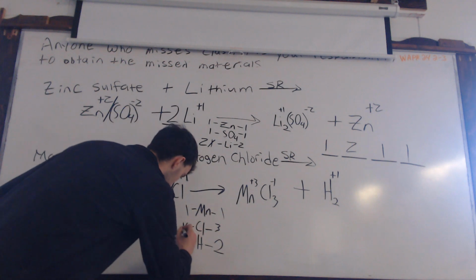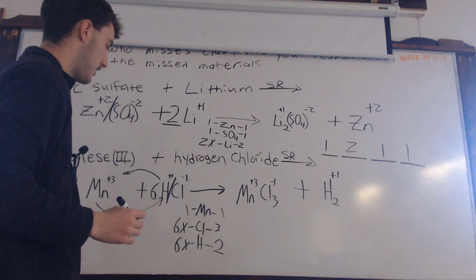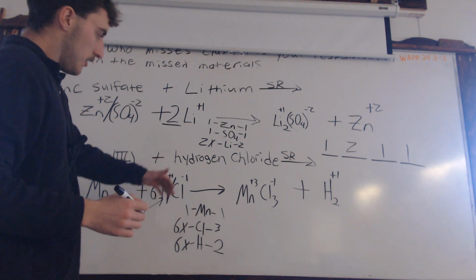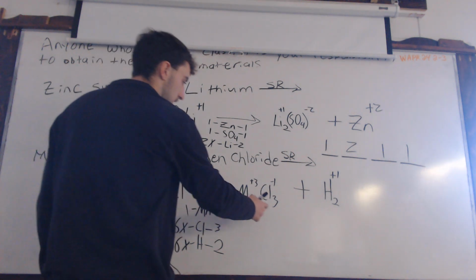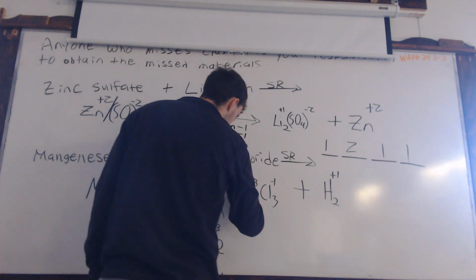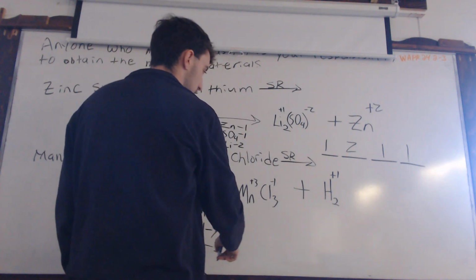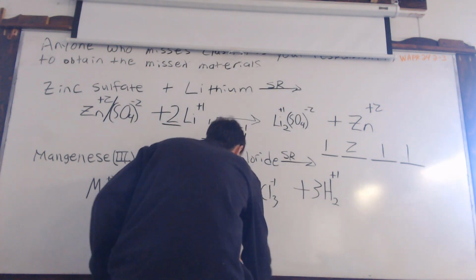So now we have 6 chlorine and 6 hydrogen on the reactant side. Well, now we have to balance out the product side. So in order to make chlorine to be 6, we have to add a 2 in the front. And in order to make our hydrogen 6, we have to add a 3 in front of the hydrogen. So we're 6.